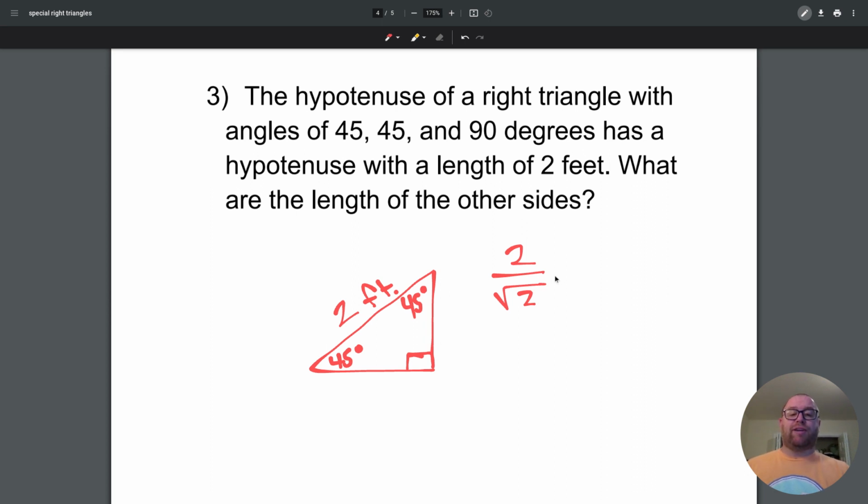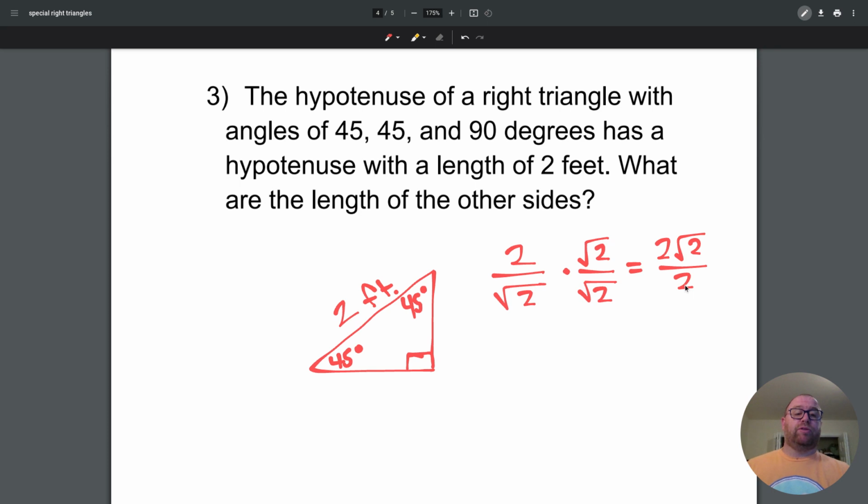But of course, we should rationalize the denominator, meaning we don't want to have the square root in the denominator. So to do that, we'll multiply by the square root of 2 over the square root of 2, which is like multiplying by 1. And on the top, we'll get 2 square roots of 2 over square root of 2 times the square root of 2, which is just 2.